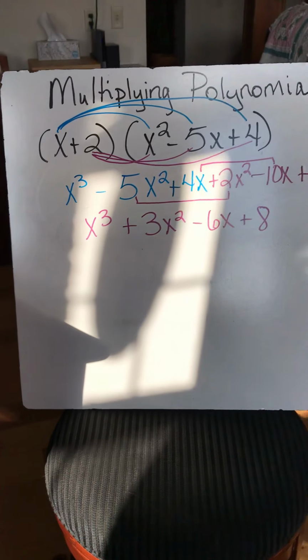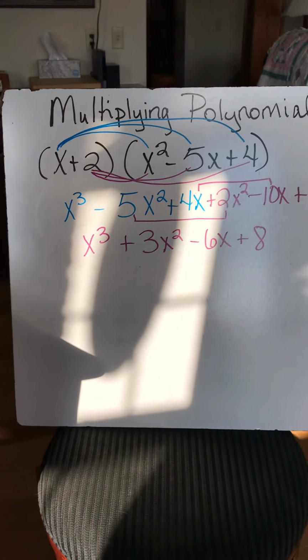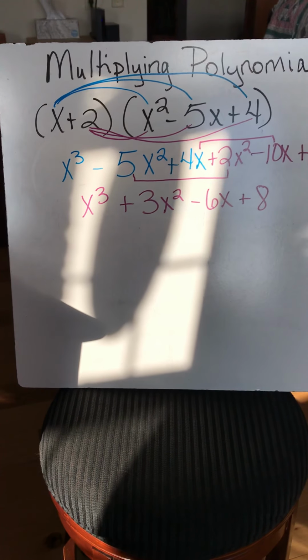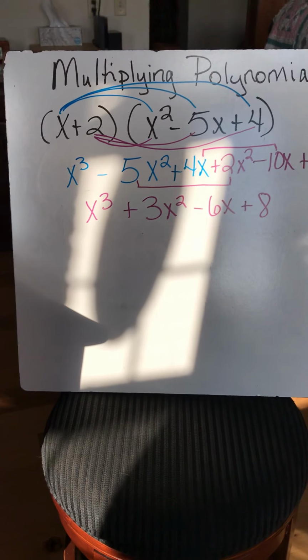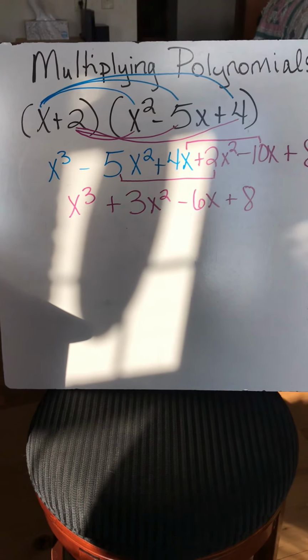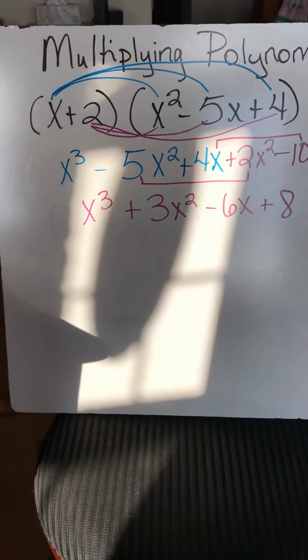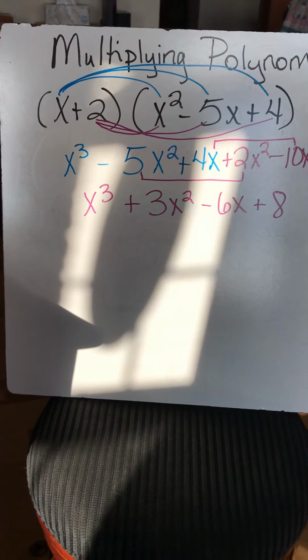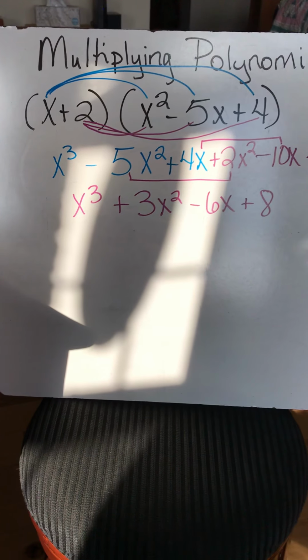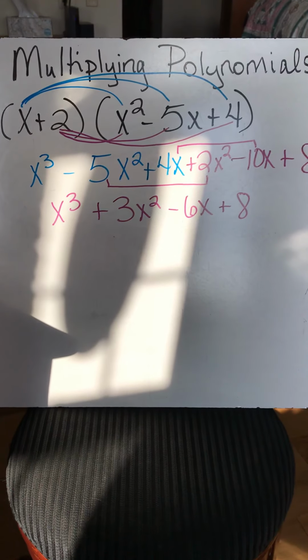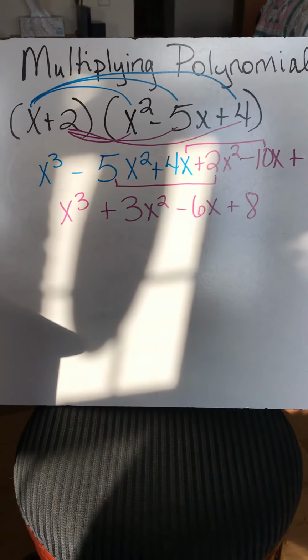So my original expression will simplify to x to the third plus 3x squared minus 6x plus 8. And I have it in descending order with the x to the third first, followed by the x squared, followed by x, followed by just a number being added to it.